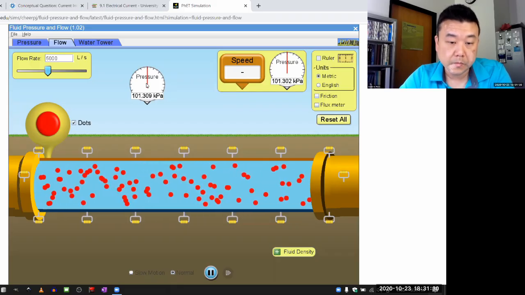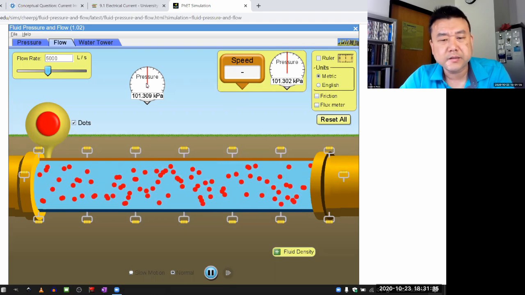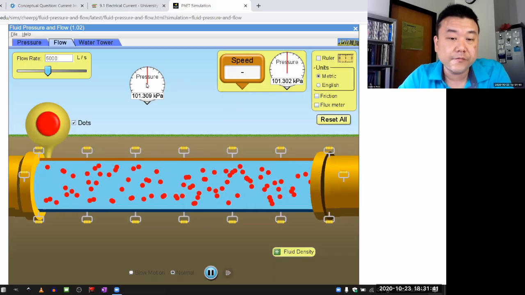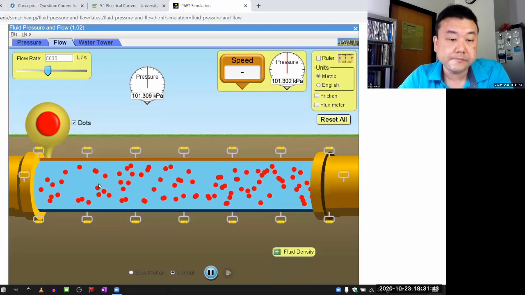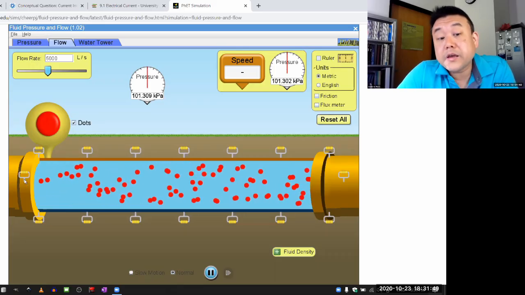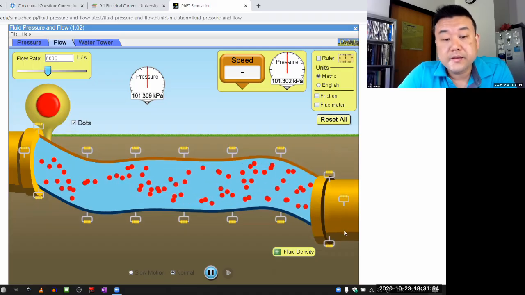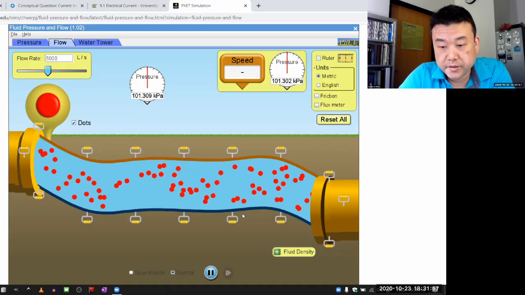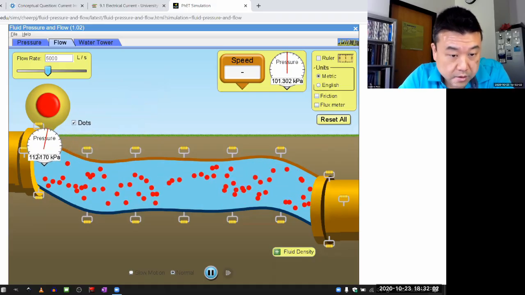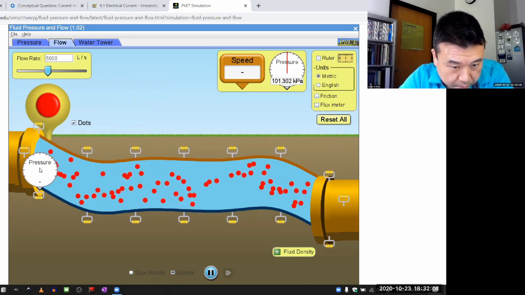In the fluid dynamics context, there are two different things that match up with the pressure. There's something that would represent the potential energy. If one end of the pipe is higher than the other end, then there's a potential energy difference between here and here. And in the case of this simulation, the potential energy difference does lead to an actual pressure difference at the bottom of each pipe.